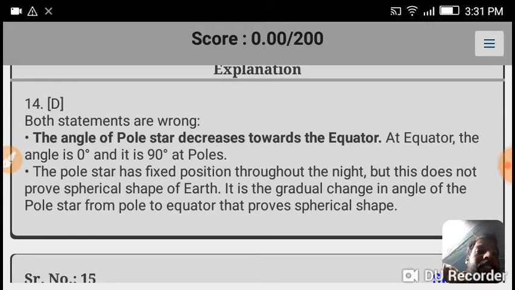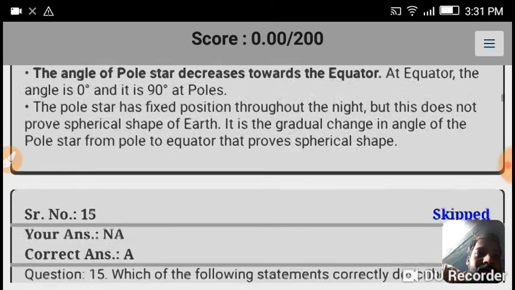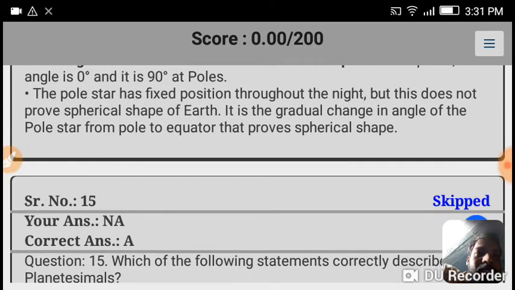It is the gradual change in the angle of the pole star from pole to equator that proves the spherical shape.